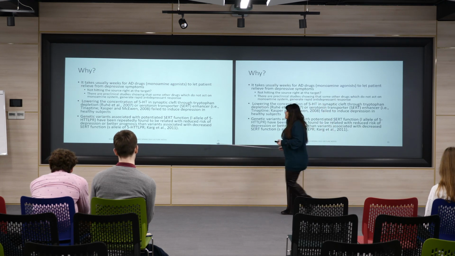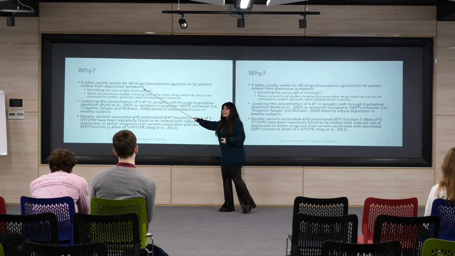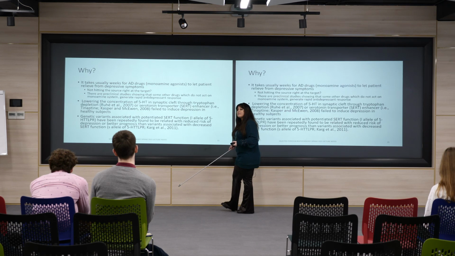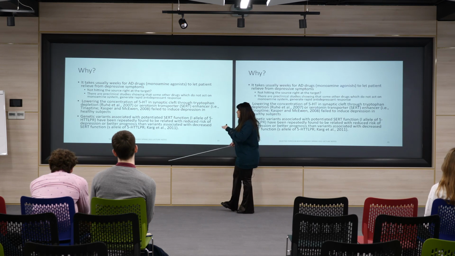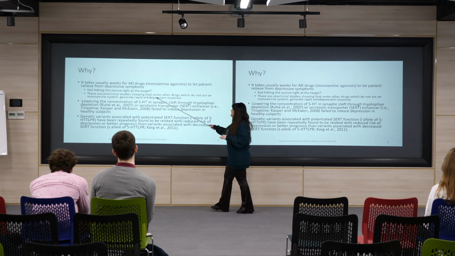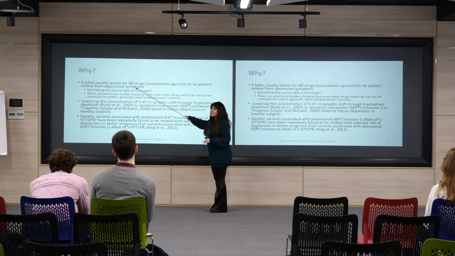One reason is it usually takes weeks, quite a long time, for antidepressant drugs to work. So if there is a monoaminergic dysregulation in the pathophysiology of depression, that means antidepressant drugs should immediately show their effect.